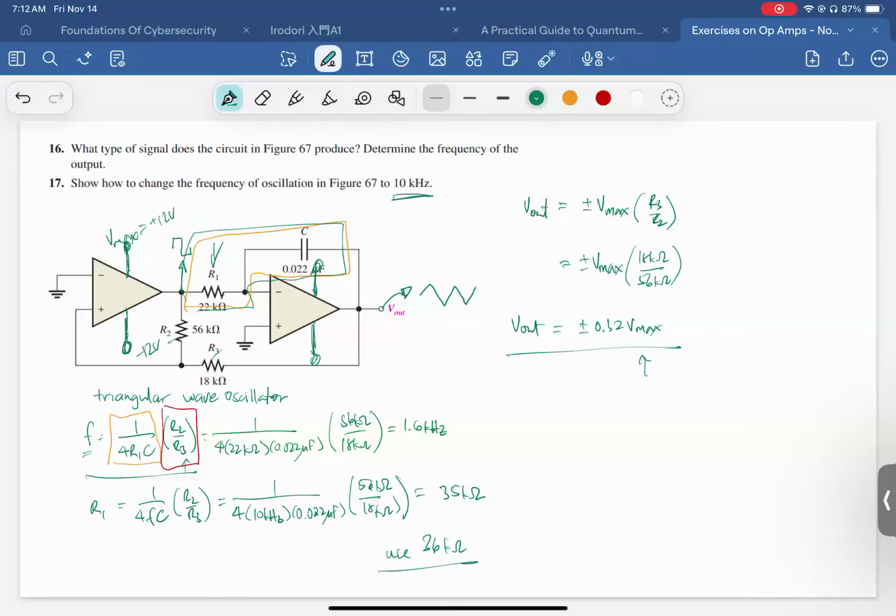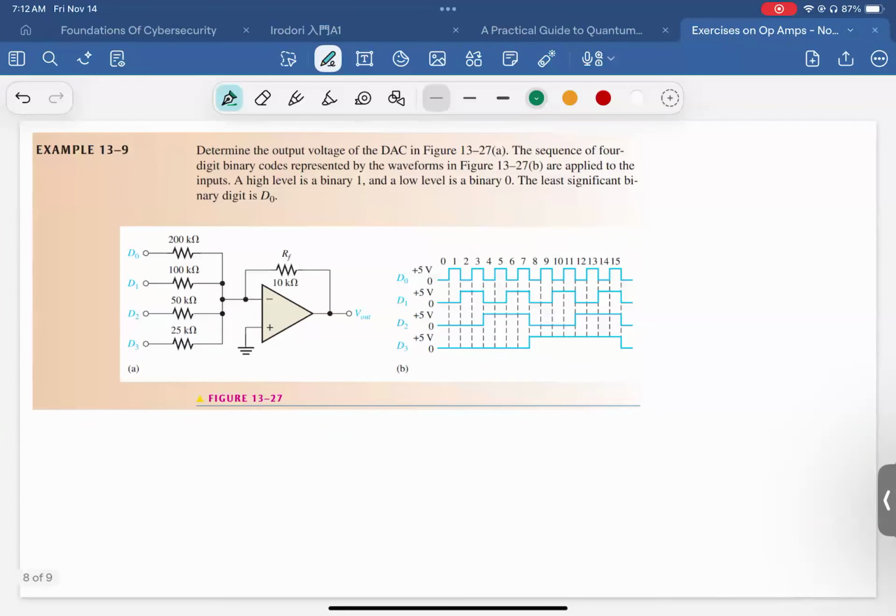Okay, then next problem. So this one is a bit interesting, kasi now we will see how itong summing amplifier can be used in a simple computer. So this is a circuit.